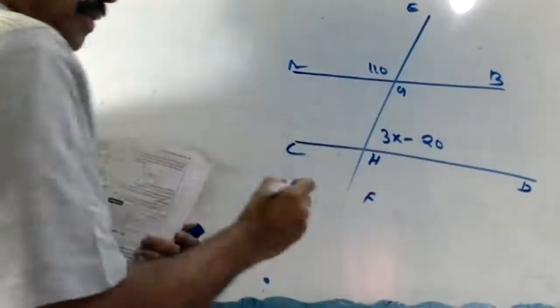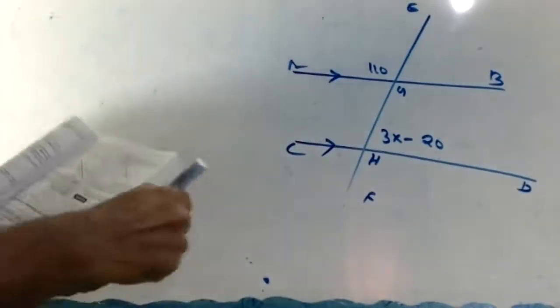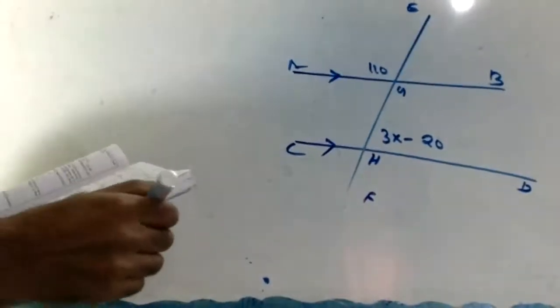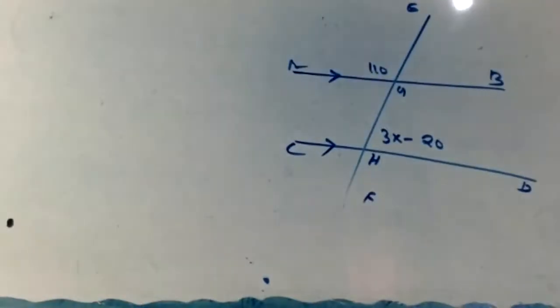Okay, try. AB parallel to CD. This angle 110. This is 3x minus 20. Find the value of x.